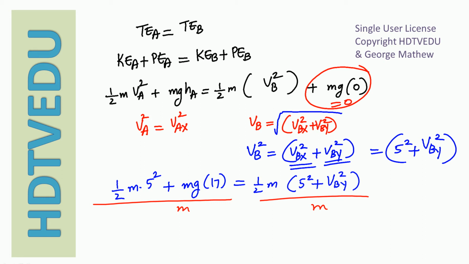So let's do one step at a time. When we divide by mass, we get 5 squared divided by 2 plus g times 17 equals 1/2 times 5 squared plus vby squared.